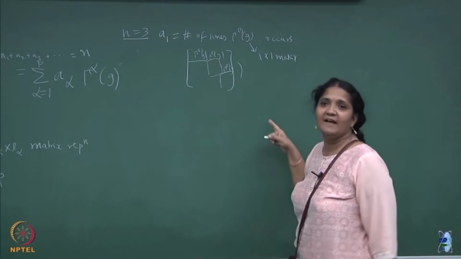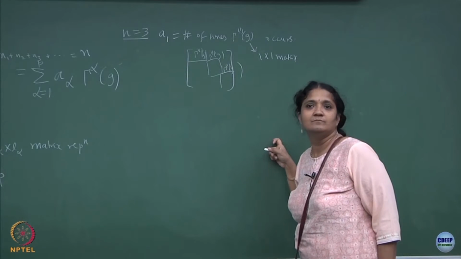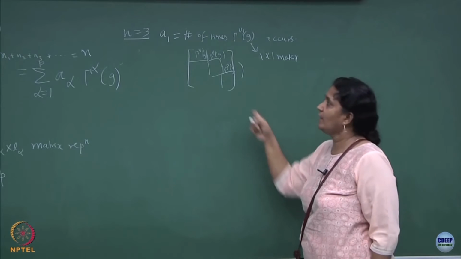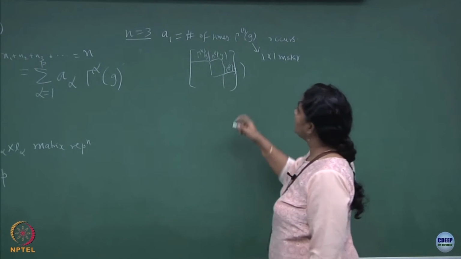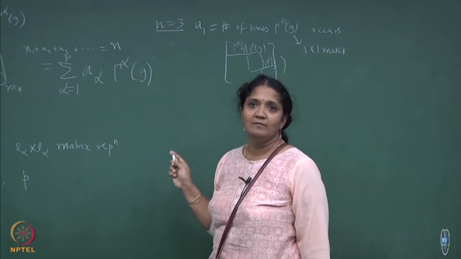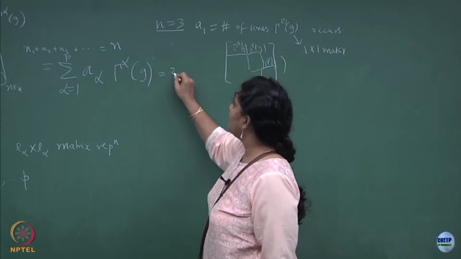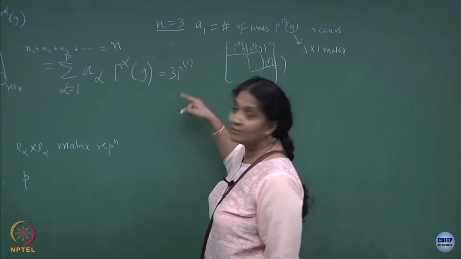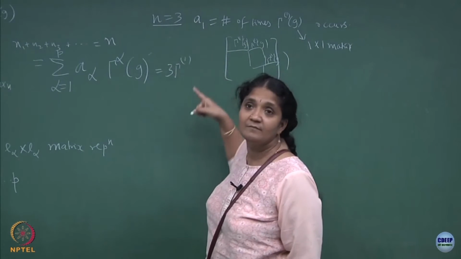This is one way in which you can write this, as A1 times gamma 1 alone, 3 times gamma 1 is one possibility for this example.